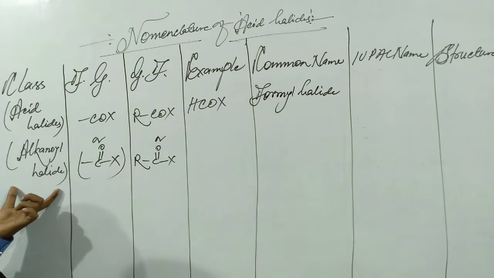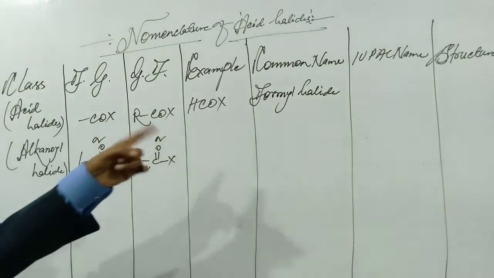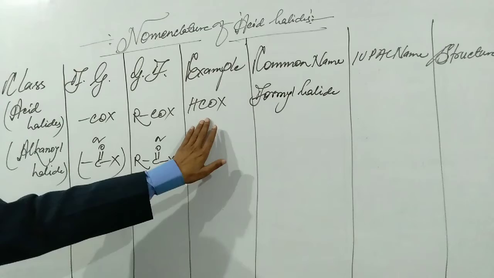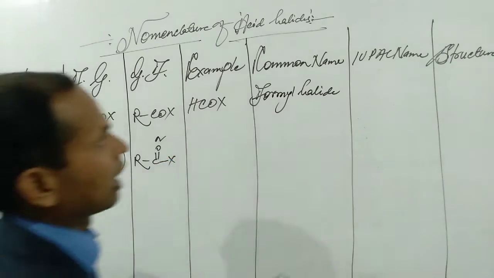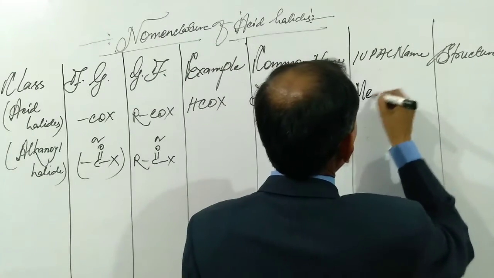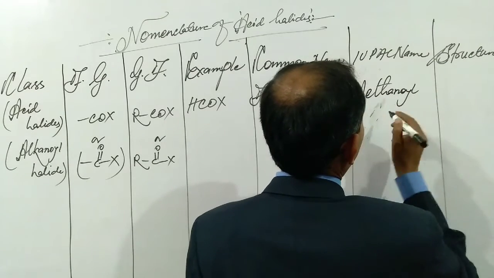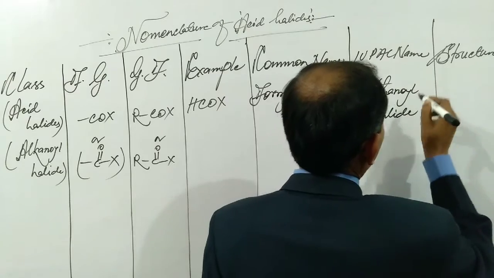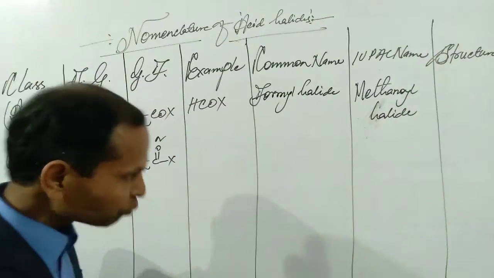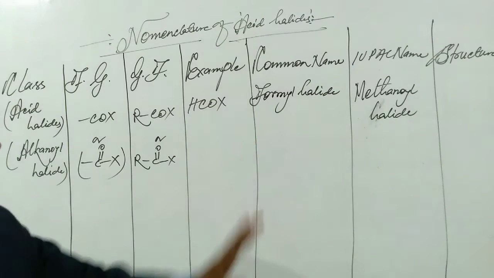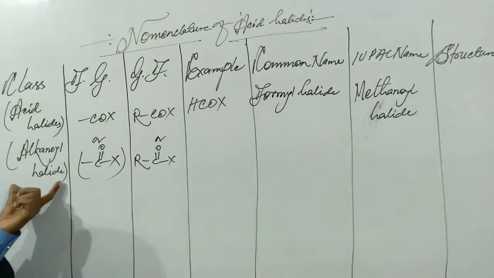Since alkanoyl halide is the IUPAC name of the whole class, one carbon is present and one carbon is for methane, so the name of such compound is methanoyl halide. This is the IUPAC name, on the basis of alkanoyl halide.